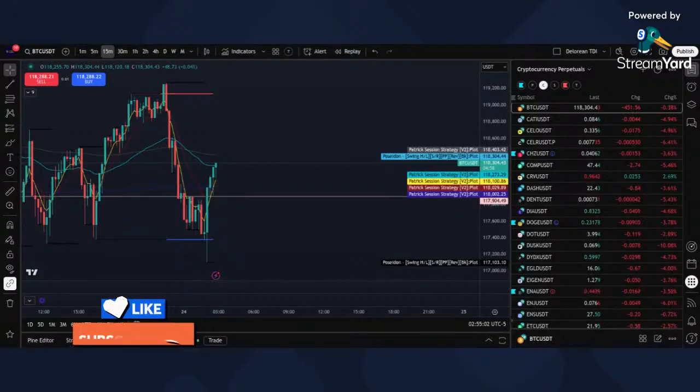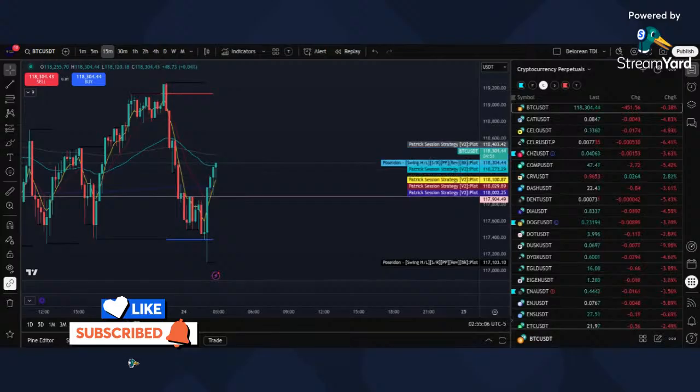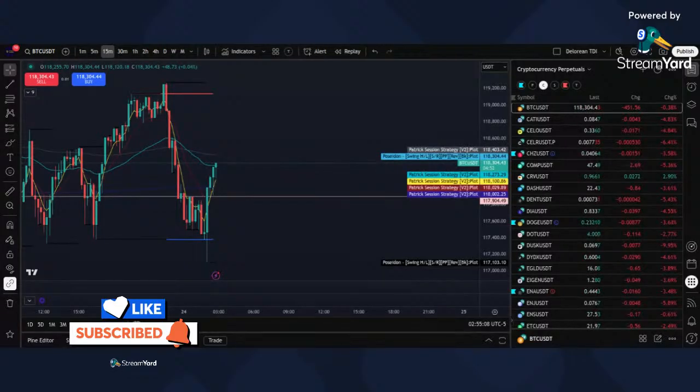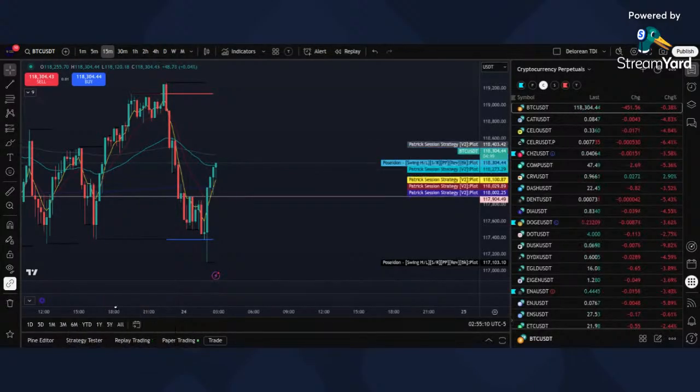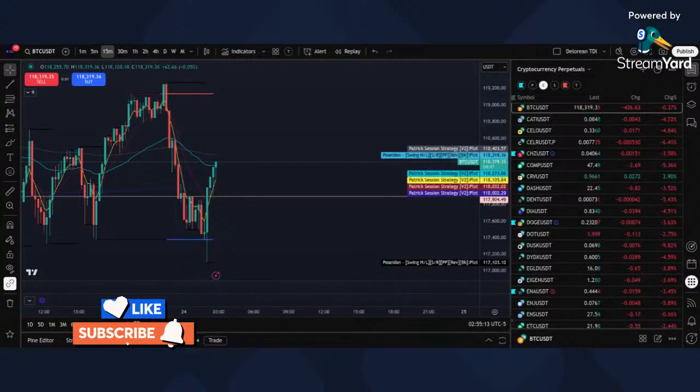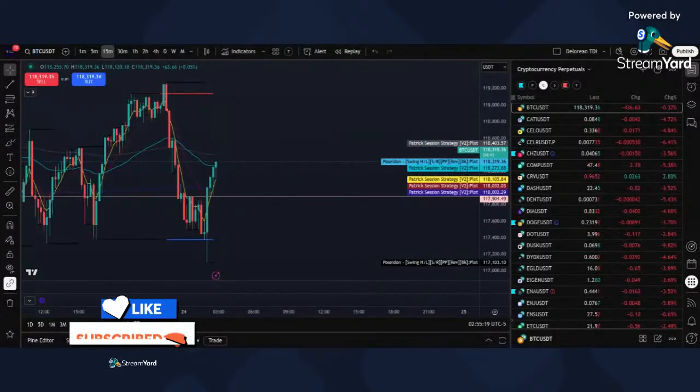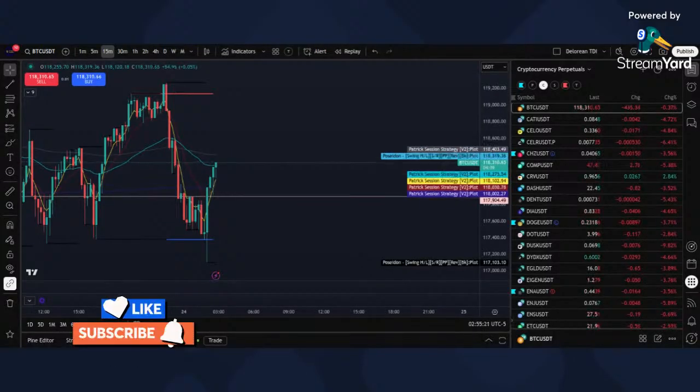Five minutes left to go to the top of the hour. Looks like Bitcoin is accelerating its recovery in price. See how fast this bad boy goes.